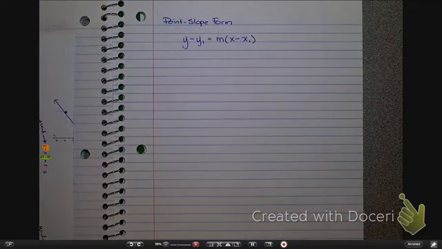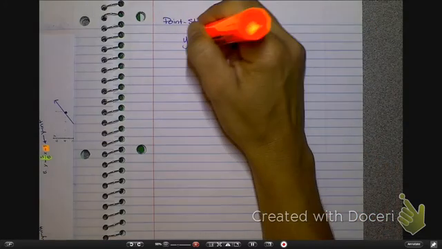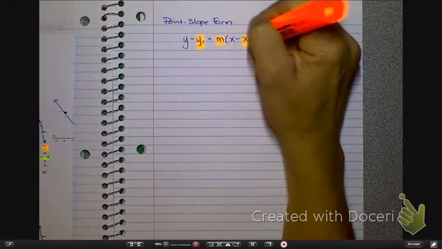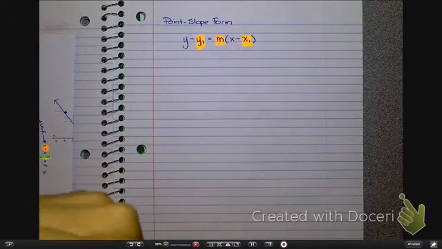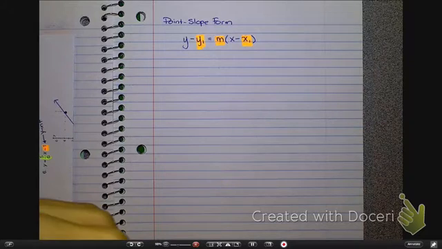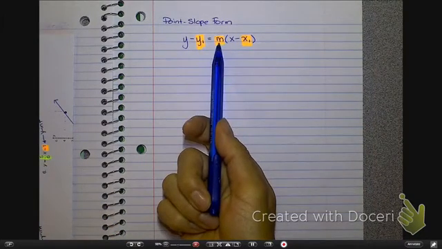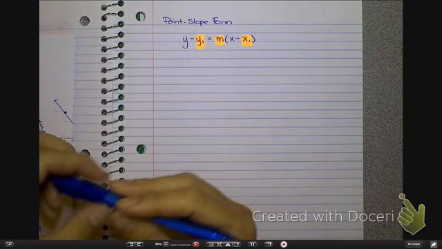Alright, in this format, all of these highlighted parts are typically filled in with a number. So the numbers that get filled in end up being our slope, m, and then a point that's somewhere on the line.